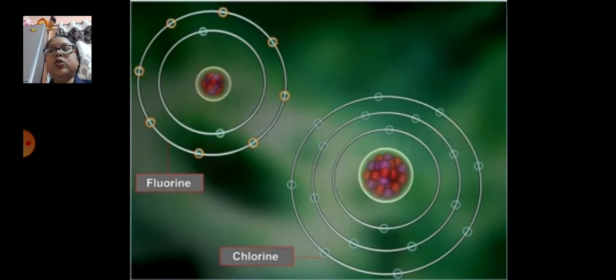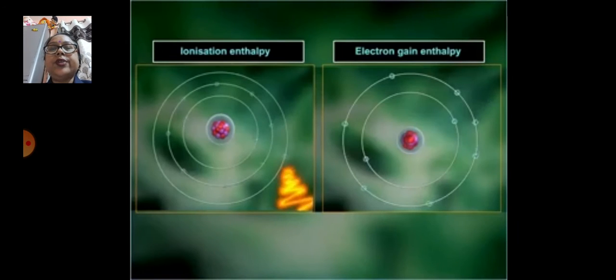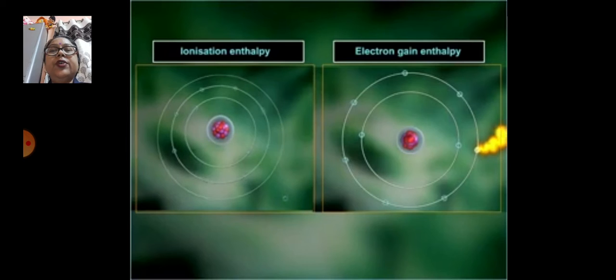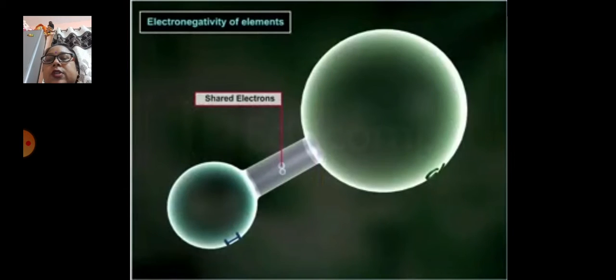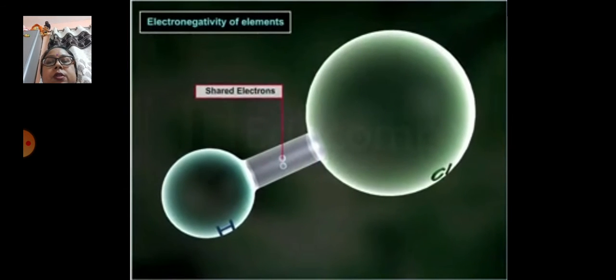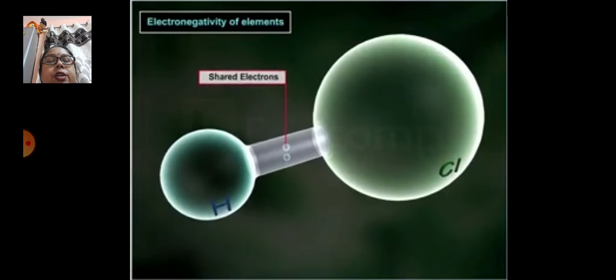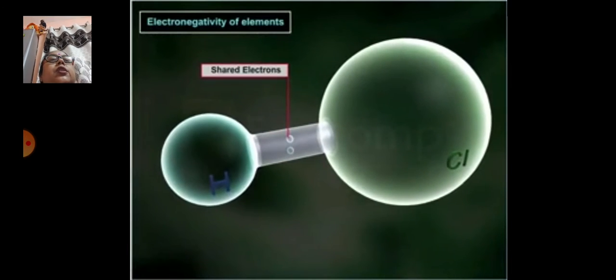Because fluorine has a smaller size than chlorine, and therefore the electron entering the second shell suffers a significant repulsion from other electrons of the shell. So now you have learned about the periodicity of ionization enthalpy and electron gain enthalpy.